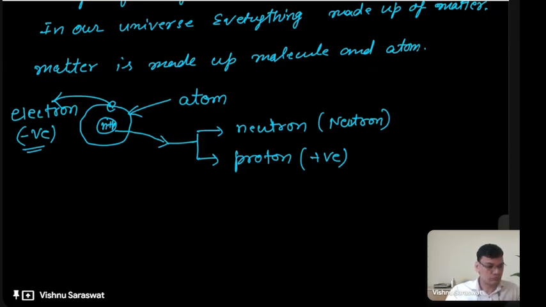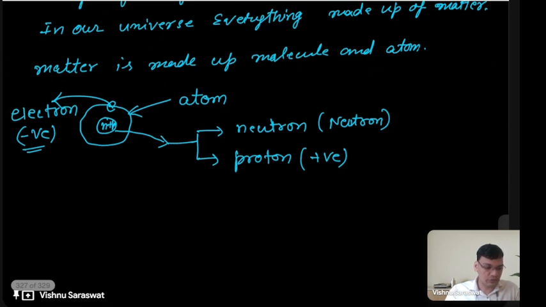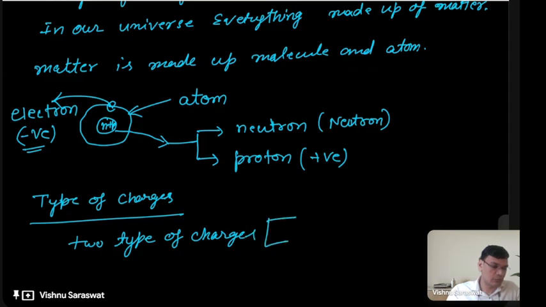So one thing coming out here is the types of charges. How many types of charges? Two types: one is positive charge, the other is negative charge.